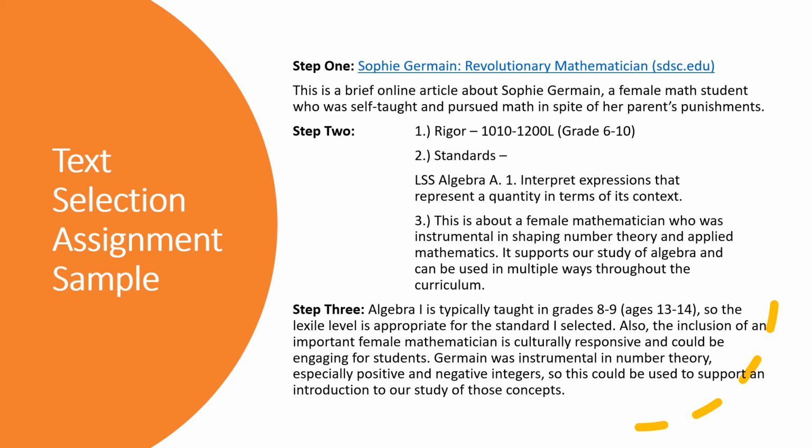Also, the inclusion of an important female mathematician is culturally responsive and could be engaging for students. Germain was instrumental in number theory, especially positive and negative integers, so this could be used to support an introduction to our study of those concepts. Again, we're helping our students build prior knowledge and make connections through text to what they're learning about.